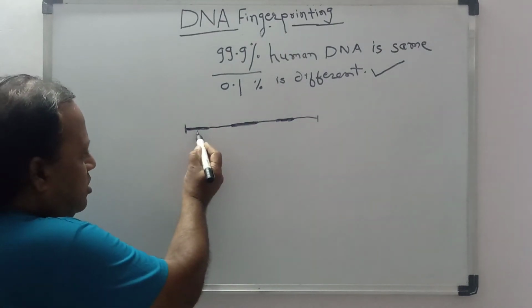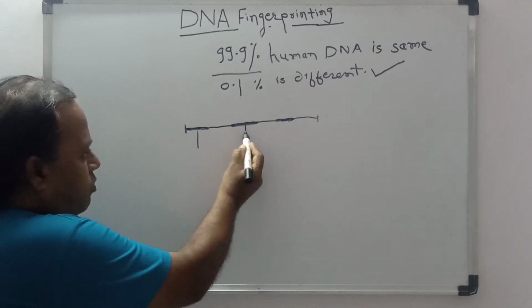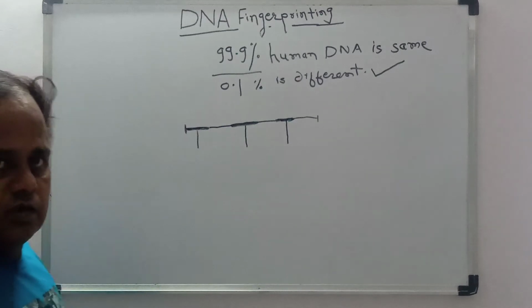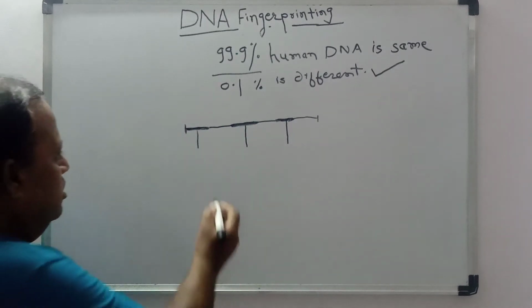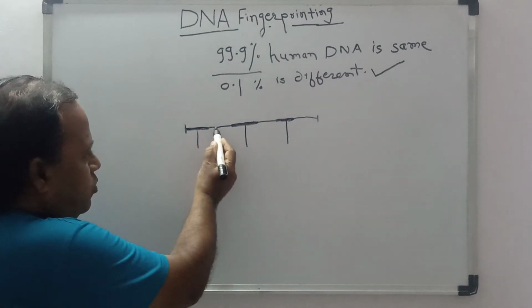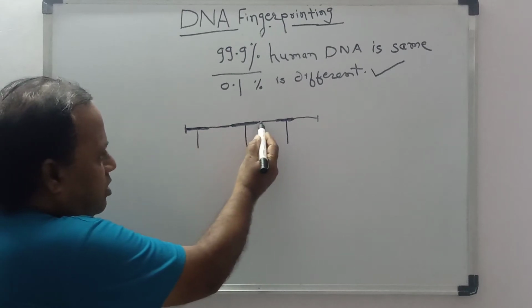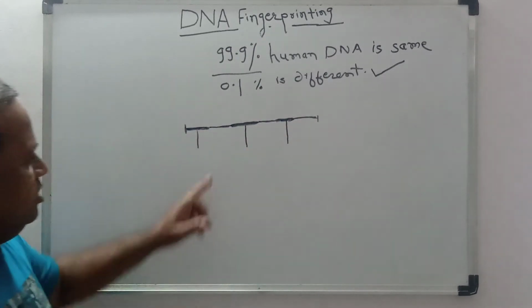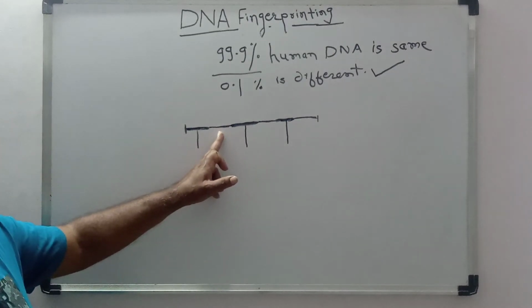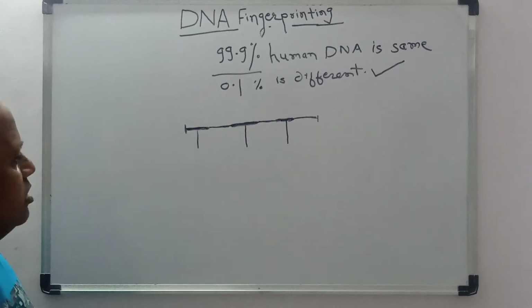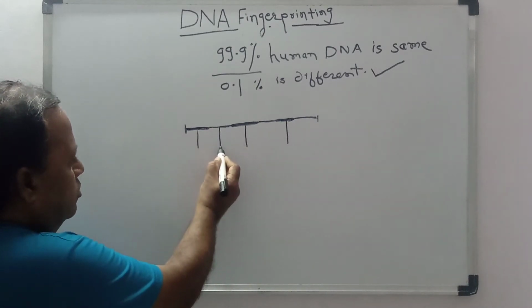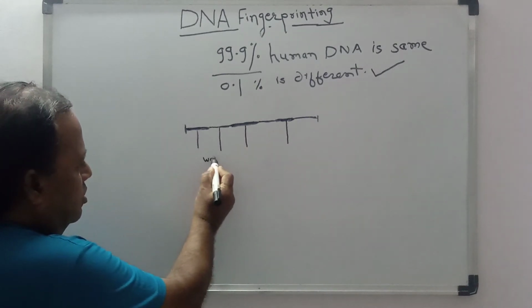Only this gene will form protein, this gene will form protein, and this gene will form protein. Okay? This portion will not form proteins. So it is this portion which we shall use in case of DNA fingerprinting.